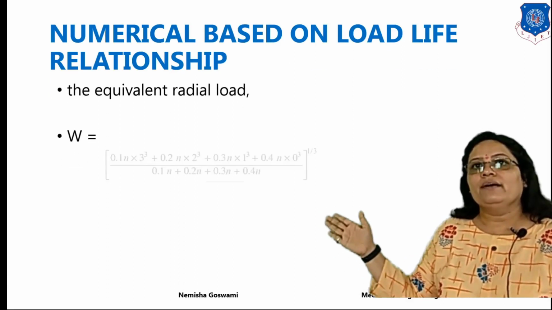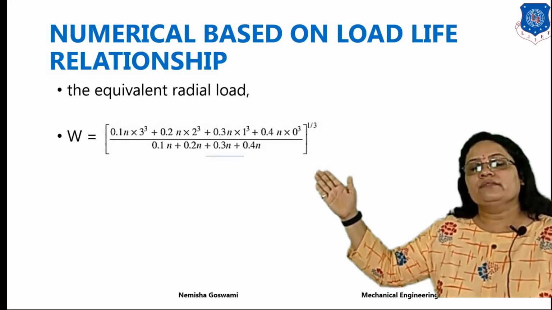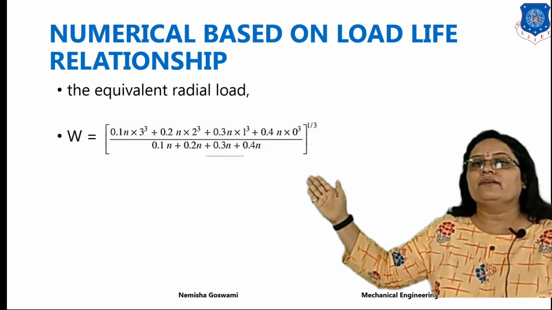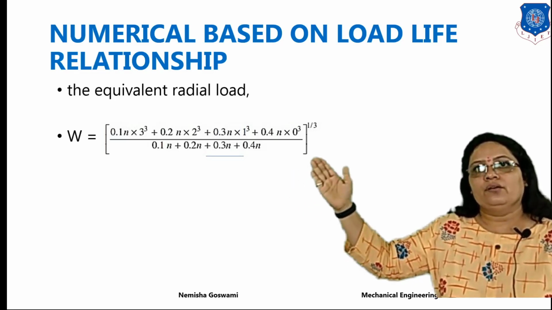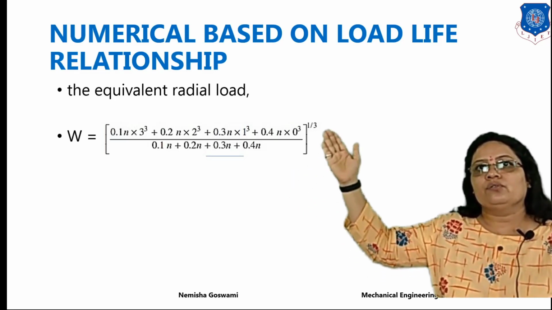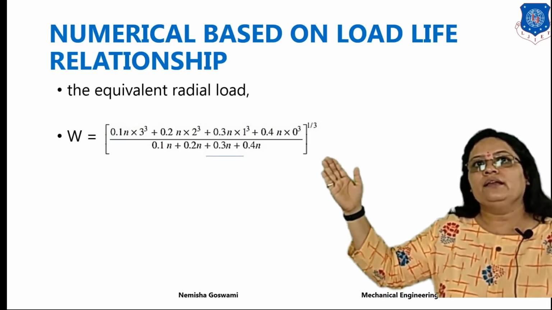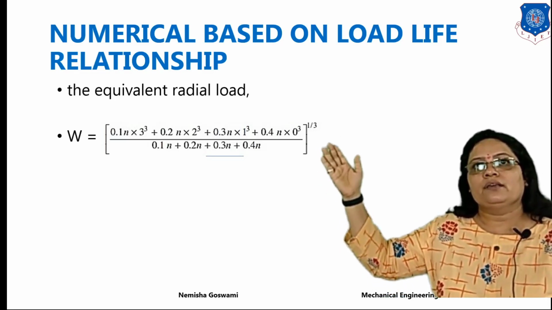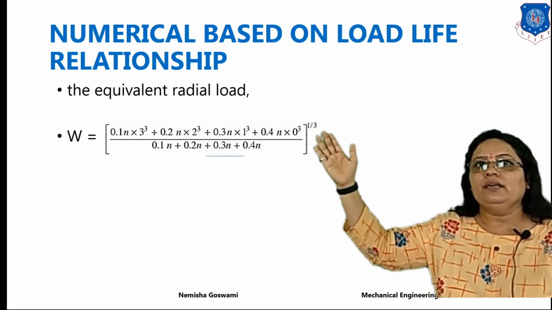So put in all the values. W1 is equal to 3 kilonewton power 3 and N1 is 0.1 N. Similarly, N2 is 0.2 N with W2 equal to 2 power 3, plus 0.3 N with W3 equal to 1 kilonewton power 3.